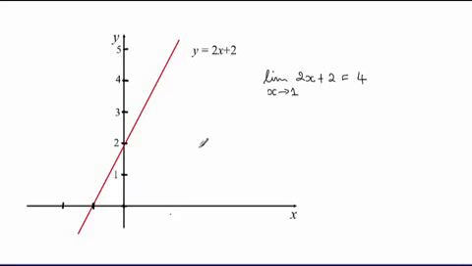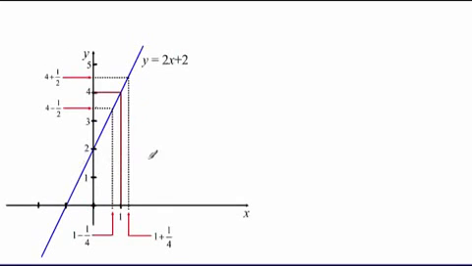Our question now is how close should the values of x be to 1 in order that the values of the function 2x plus 2 approach 4, or get as close to 4 as we wish. For that, let's look at the following sketch.